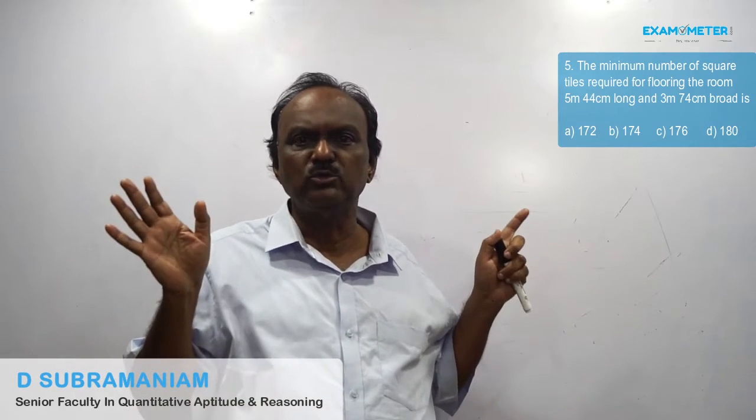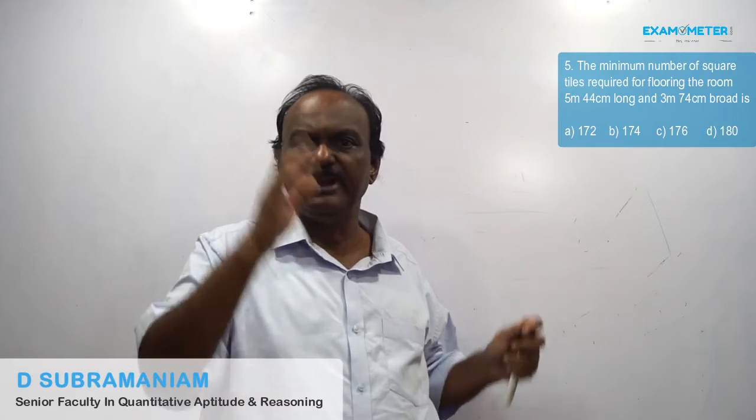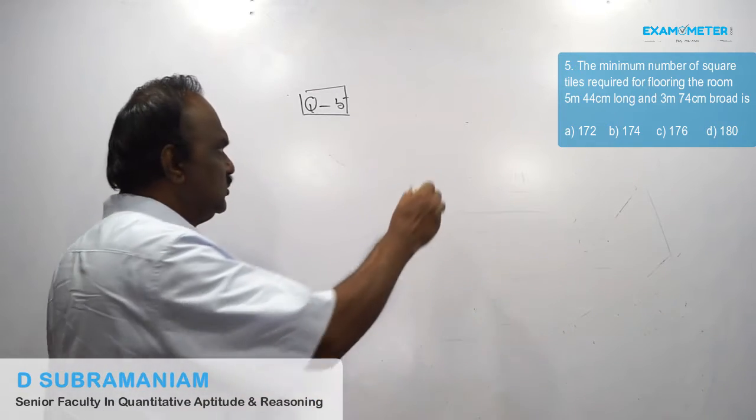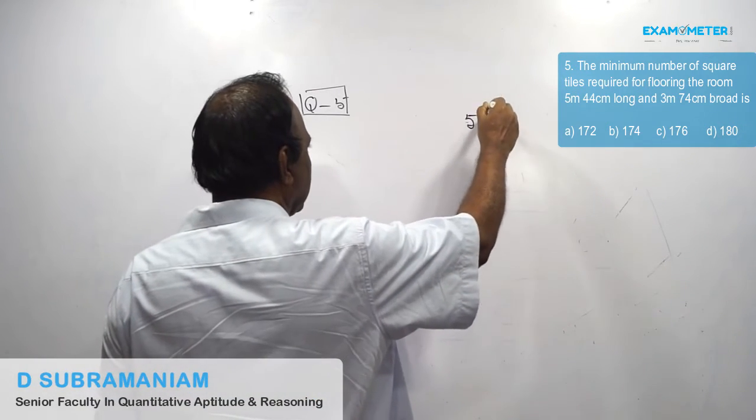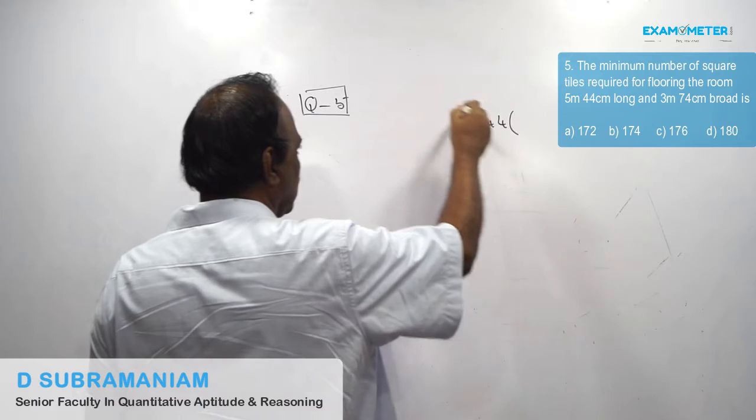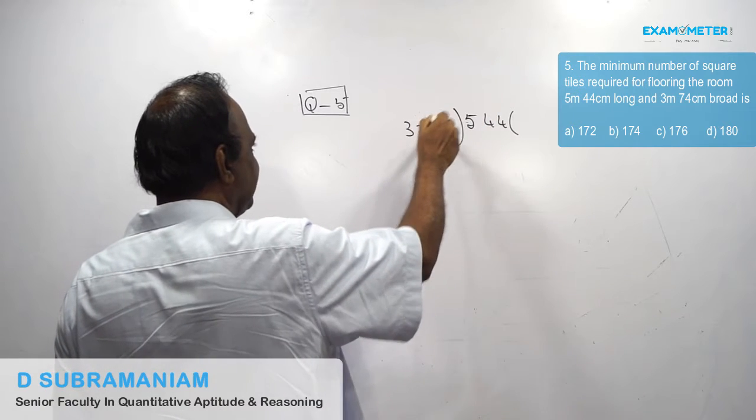Everything convert it into centimeter. 100 centimeter is 1 meter. So 5 meter 44 centimeter will become 544 and this will become 374.